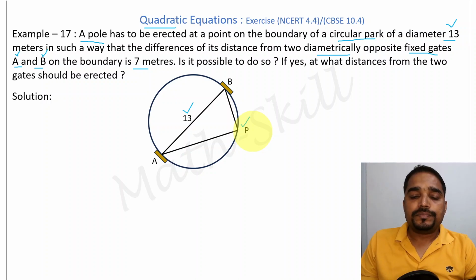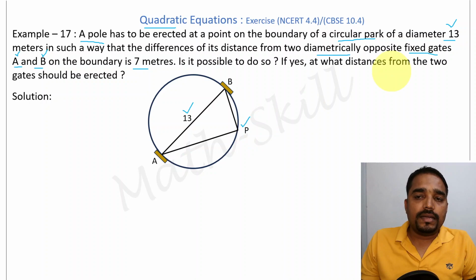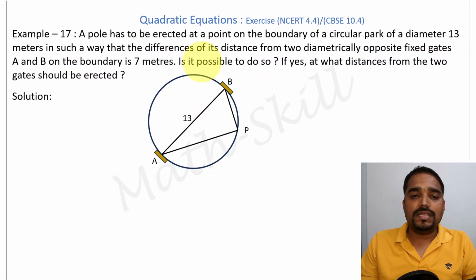He says that the distance of the pole from both the gates is such that if AP and BP are subtracted, we would get 7 meters. This is the given condition.